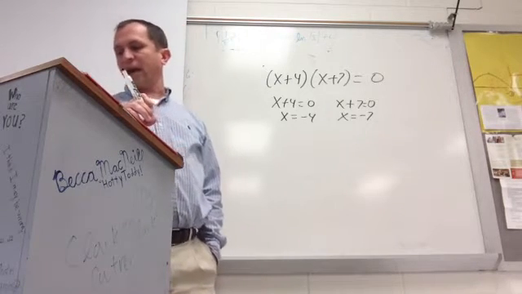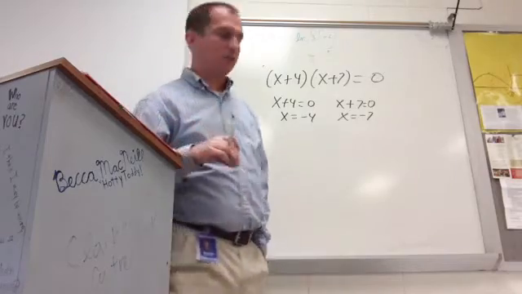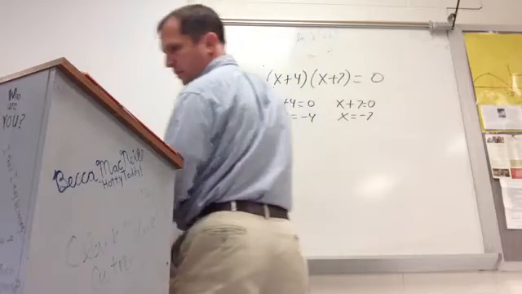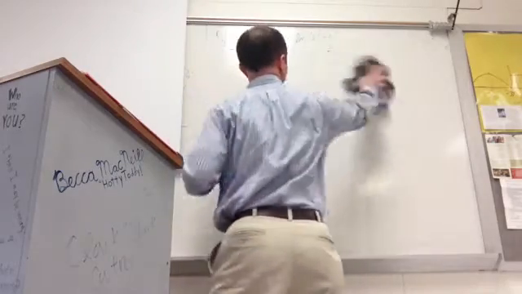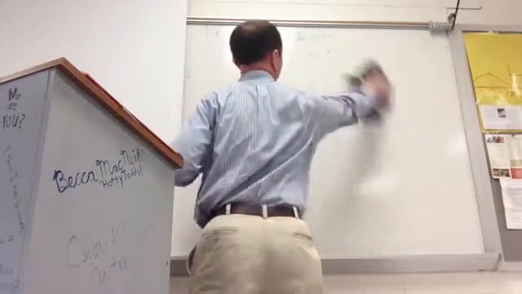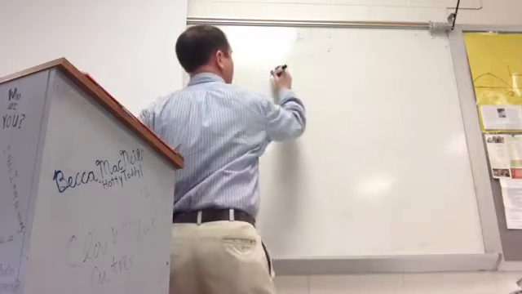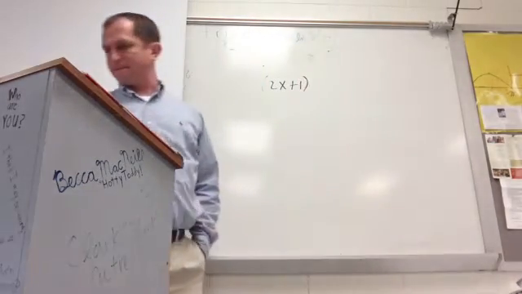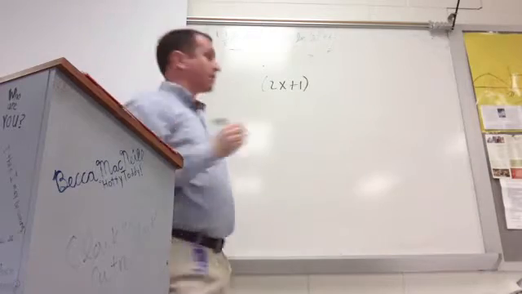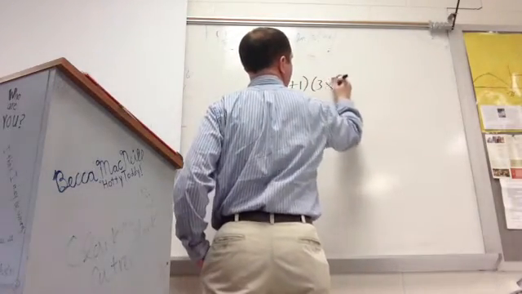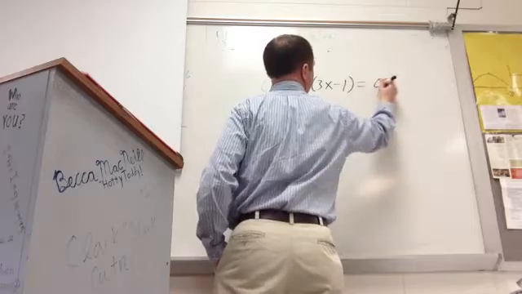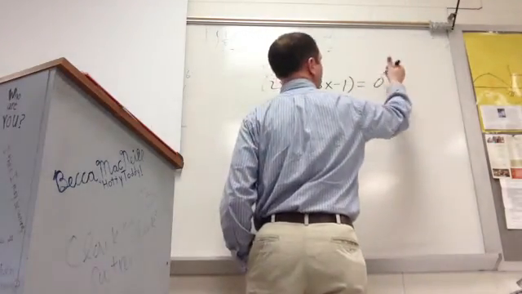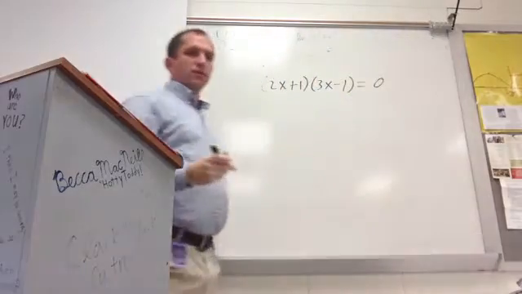Now, let's look at 25. 25 has an additional step in it. So we will look at it. So it's 2x plus 1 times 3x minus 1 equals 0.